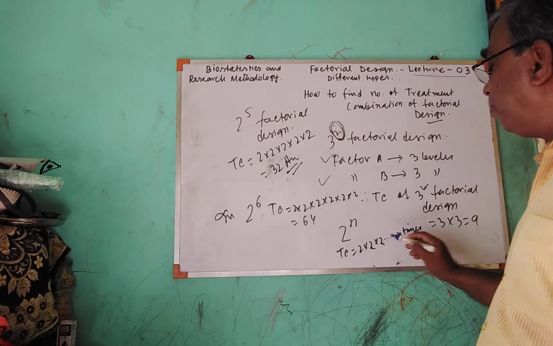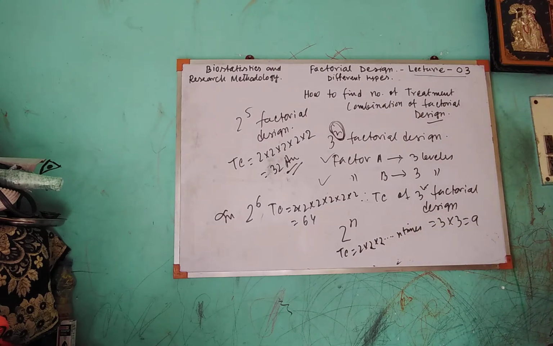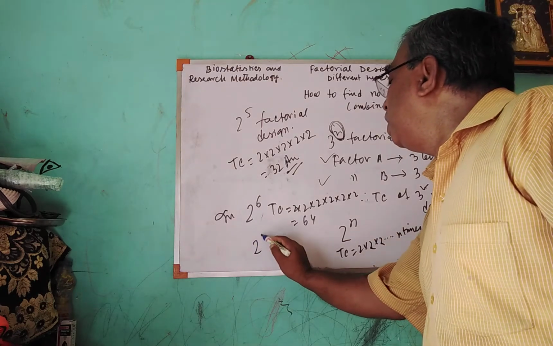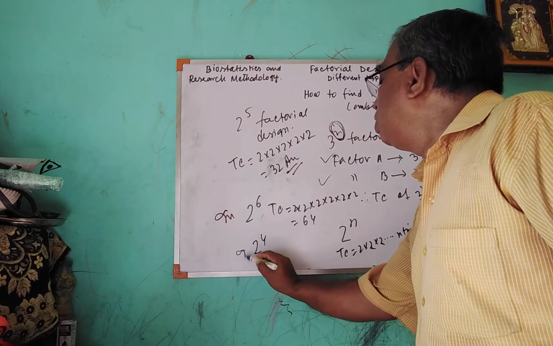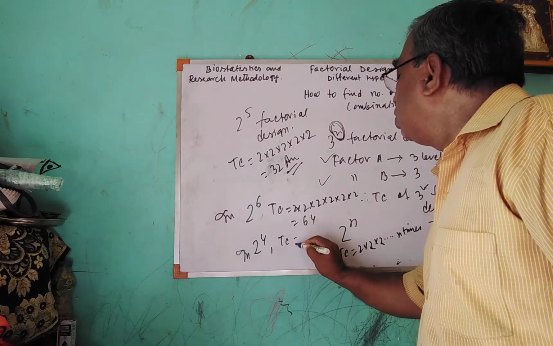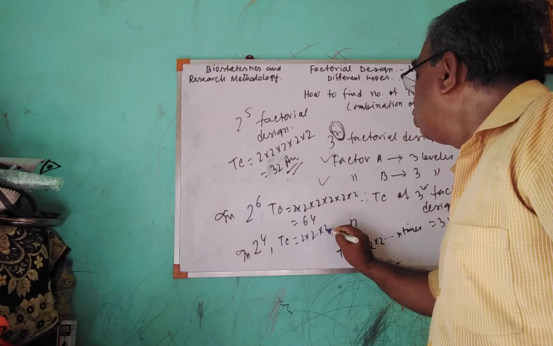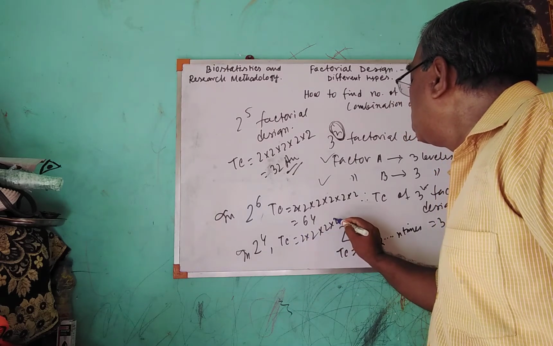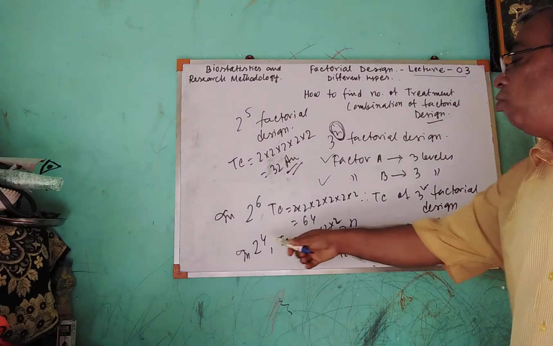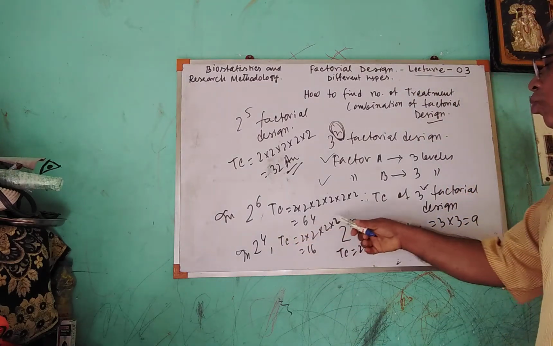If it is 4, then 2 into 2 into 2 into 2. That is 2 to the power 4 factorial design. TC equal to 2 into 2 into 2 into 2. That comes 16. That means the n is 4 here.